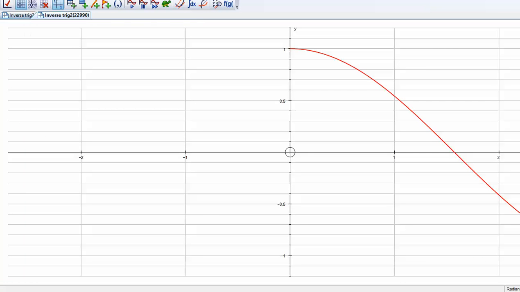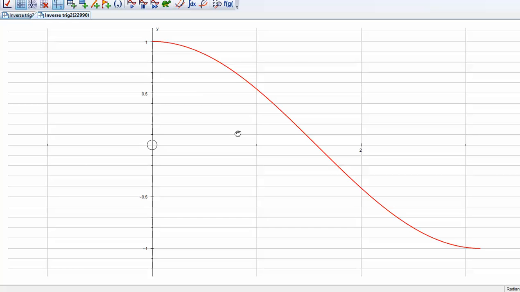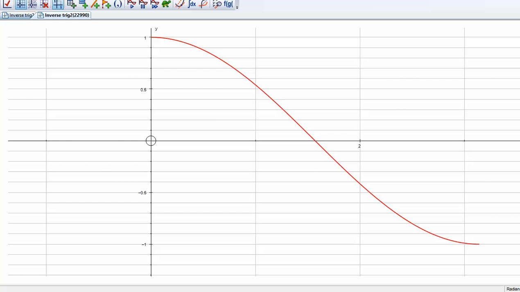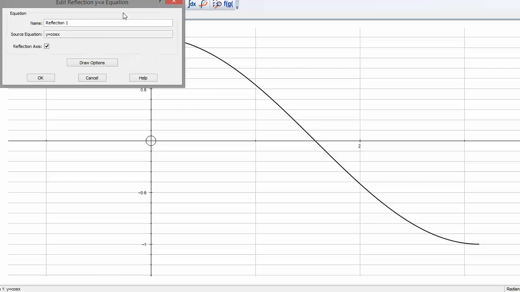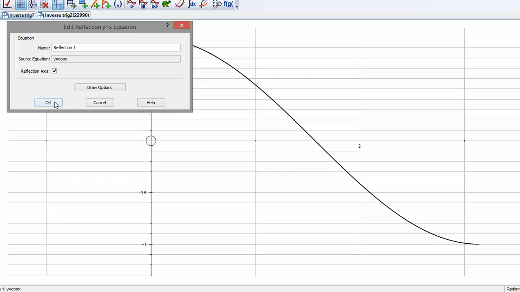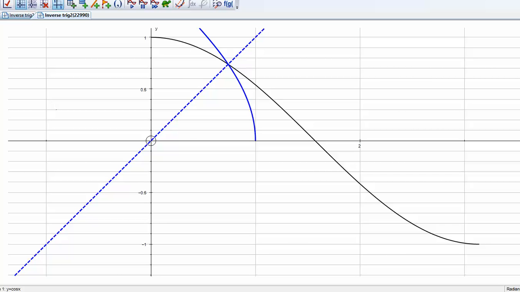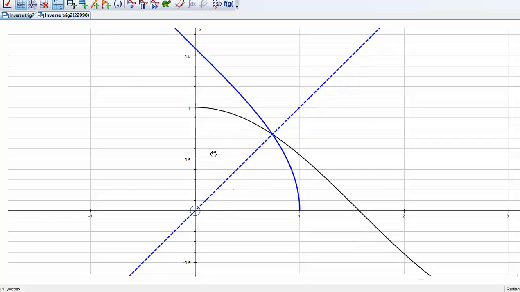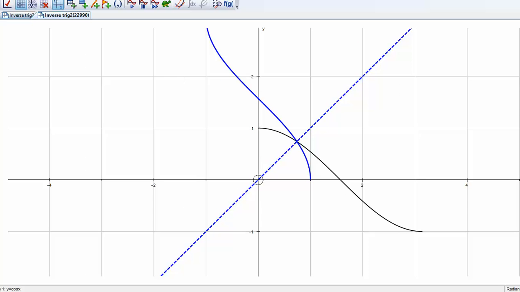So we'll just move that over here so we can see it. So that's our cos function. And let's do the same thing. Let's reflect that in the line y equals x. So if I click on that and let's reflect it, and we'll keep in the reflection axis, and there we are. So let's bring that down a little bit so we can see, and it might be a good idea to make it a bit smaller.